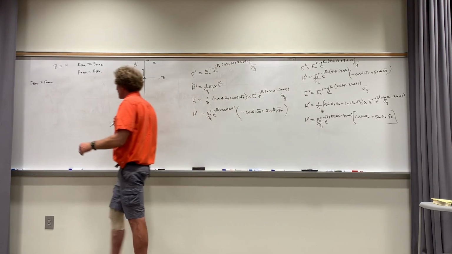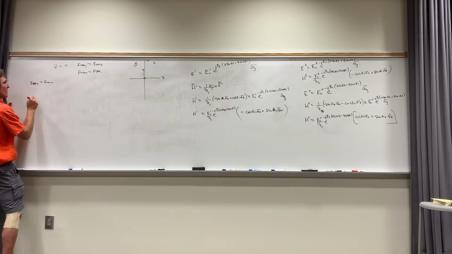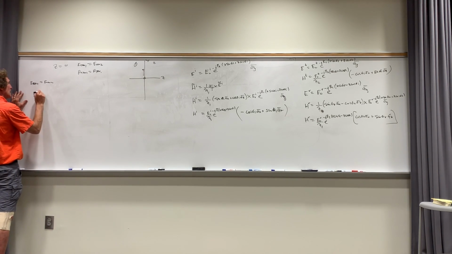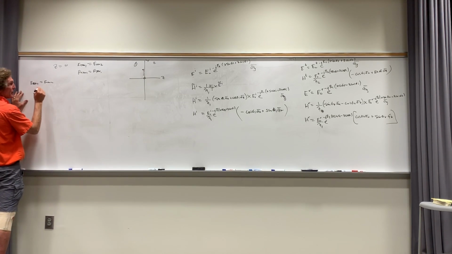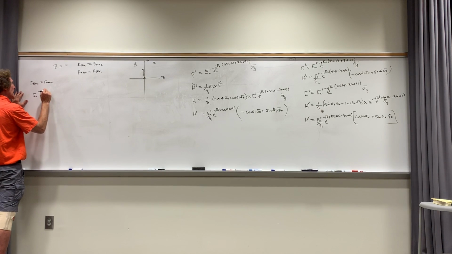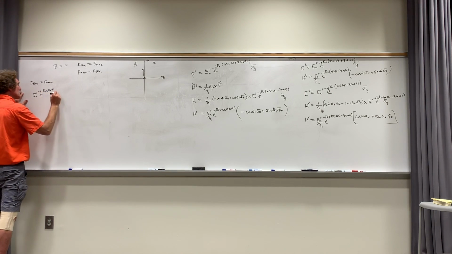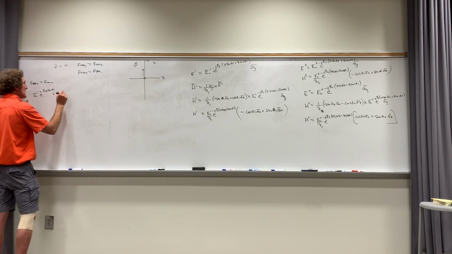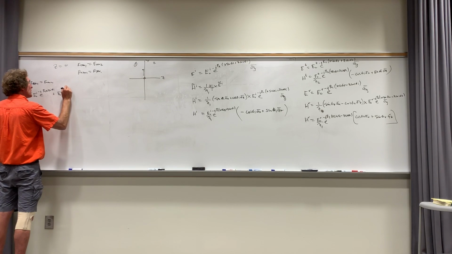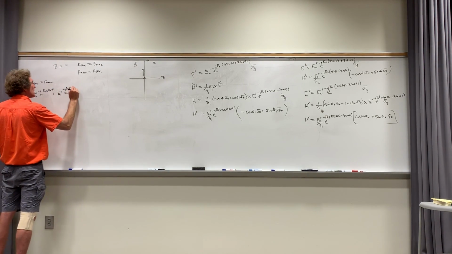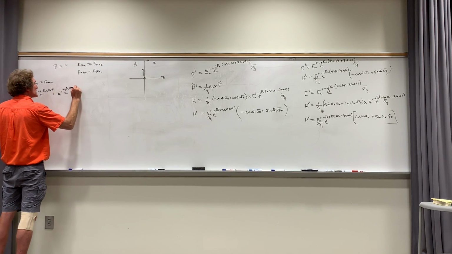So for region 1, I'm going to have E naught incident times e to the minus j beta 1 x sine theta incident, plus E naught reflected times e to the minus j beta 1 sine theta incident x.